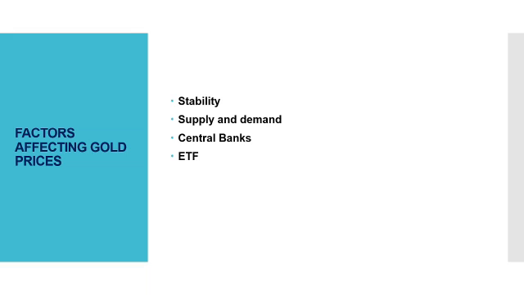Next, central banks. Most of the world's gold reserves are controlled by central banks within developed nations in locations such as Europe and North America. As a result, these banks wield immense pricing power in the global gold market.